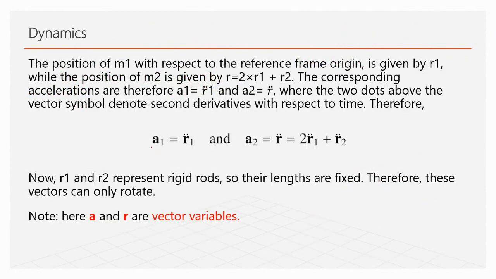So acceleration of the first link is represented by the second derivative of the location. Your location is R1, and the second derivative of location will give you the acceleration of the first link.